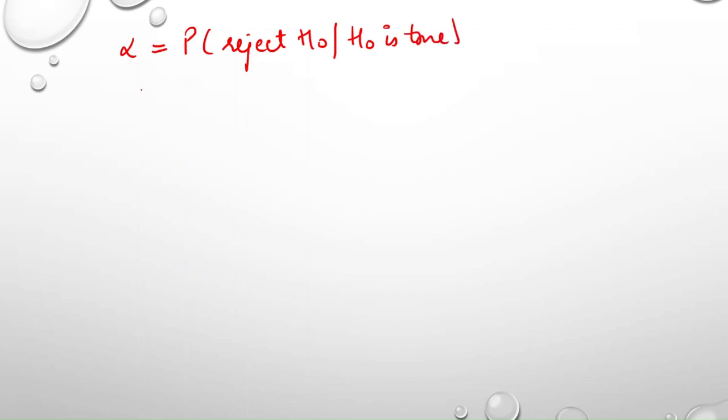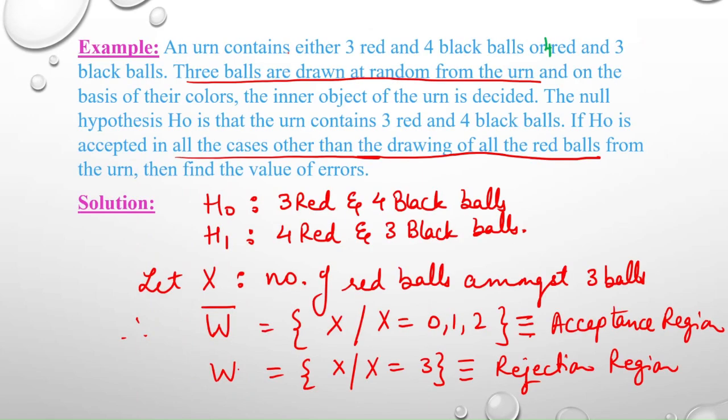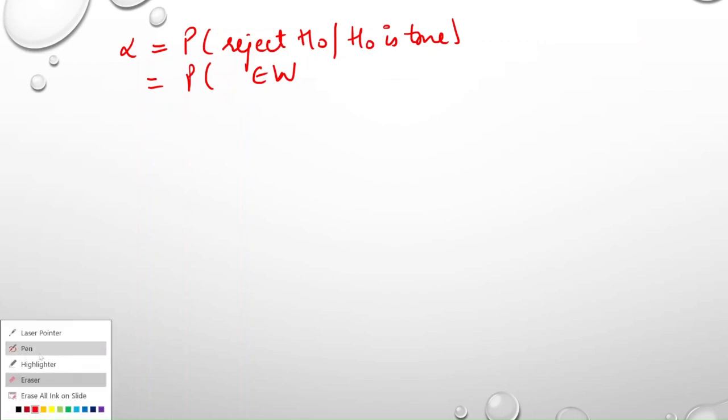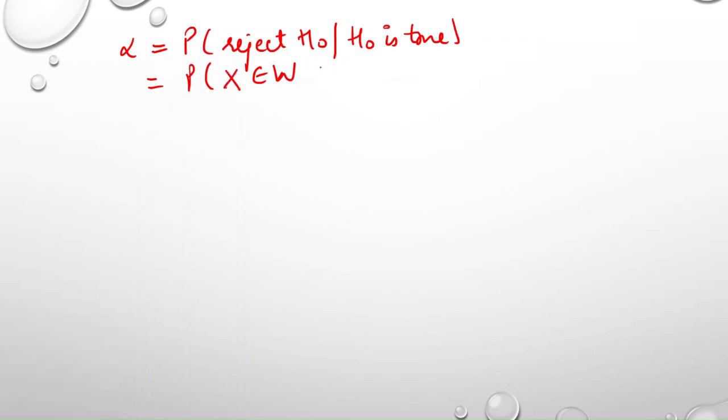So how would we find our alpha error and beta error? Alpha error is defined as we reject our H naught when H naught is true. This means that capital X belongs to W, because W is the rejection region, when H naught is true.